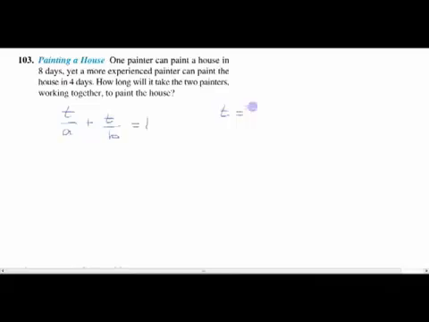T is the time that it takes together to paint the house. Now we just need to substitute the appropriate values in for A and B. That gives us T/8 plus T/4 equals 1.